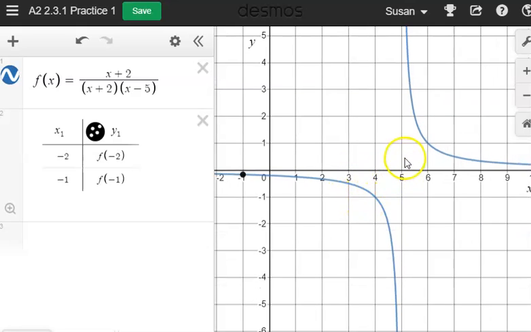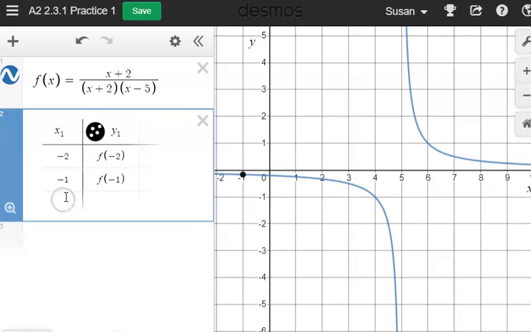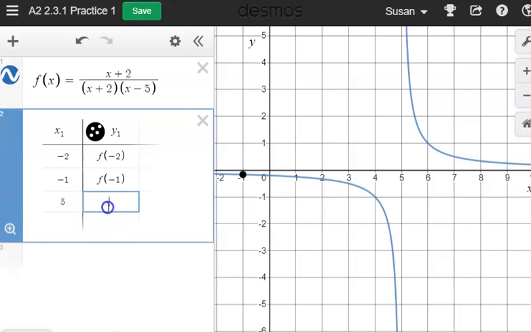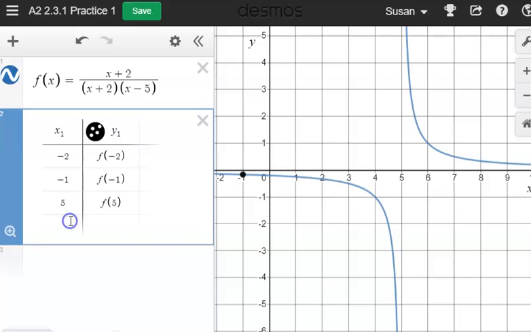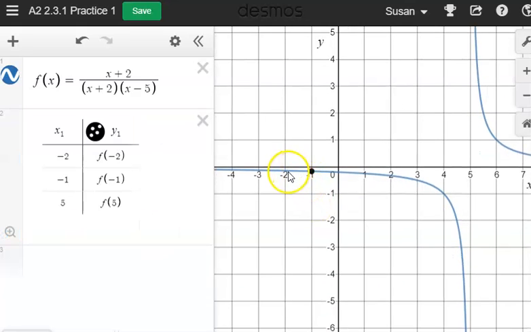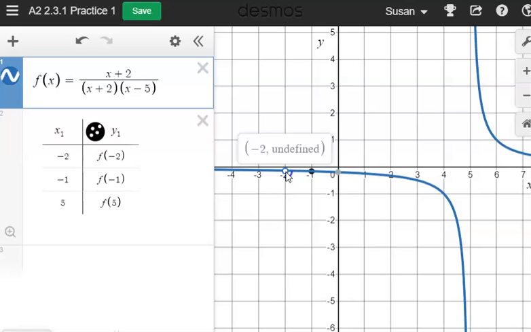So it appears that at 5, so let me go to the table and put a 5 in here and see what that is. F of 5. Yeah, we're not seeing any point at 5 because there's a vertical asymptote there. But you know, at negative 2, if you click on negative 2, it's going to say undefined.